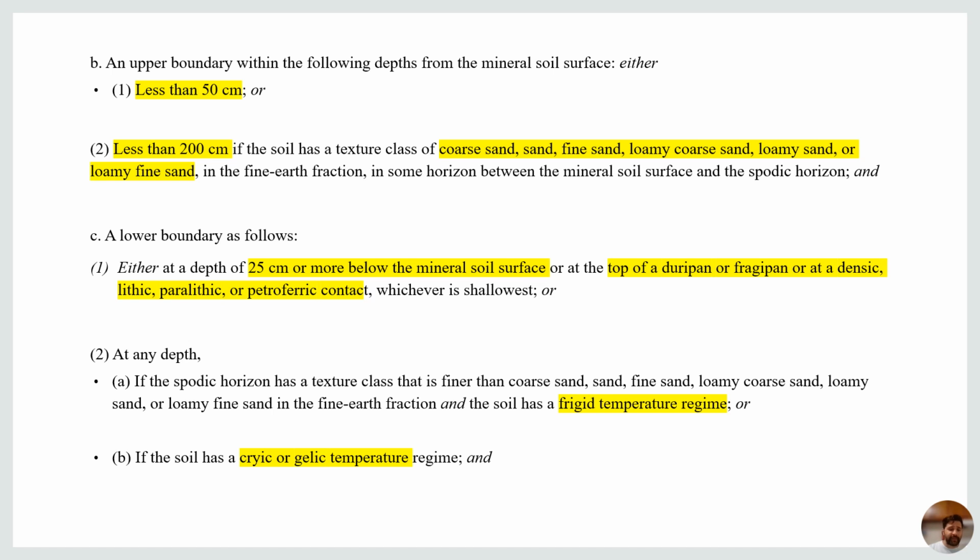the specific spodic horizon also can end at any depth if it presents a sandy or loamy texture and a frigid soil temperature regime, okay? Or if this specific spodic horizon possesses a cryic or a gelic soil temperature regime.